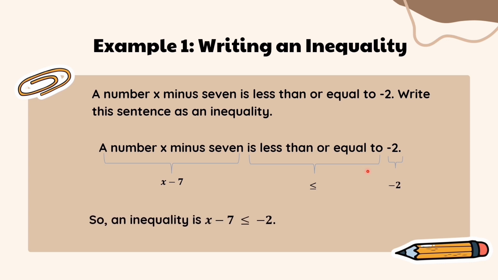So the inequality is x minus 7 is less than or equal to negative 2. This is how you will write an inequality from a mathematical sentence.